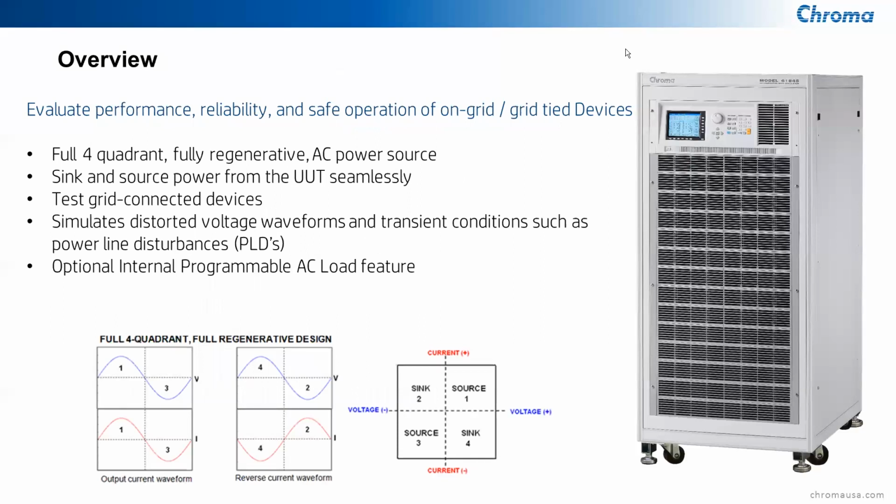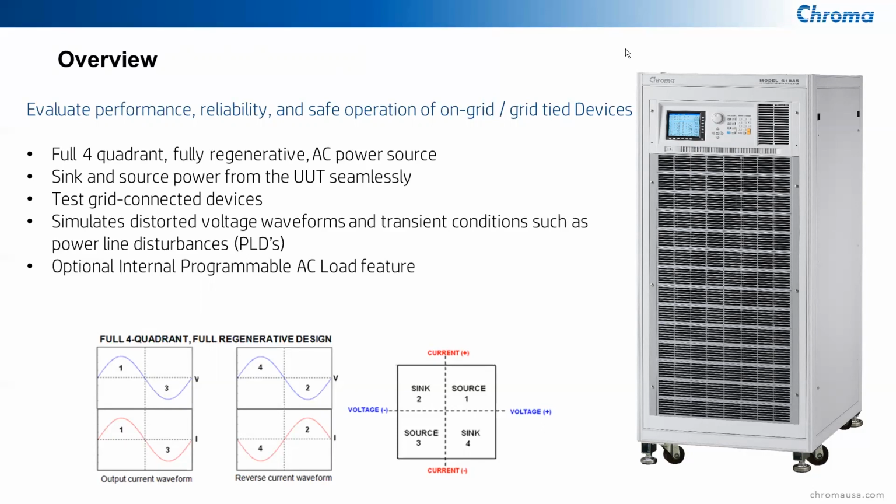So in order to do that, our units have to operate in what's called a 4-quadrant or fully regenerative AC power source. And for those of you that don't understand it, the 4-quadrant basically defines which of the quadrants are used to either operate as a source or sink power and put that power back onto the grid.